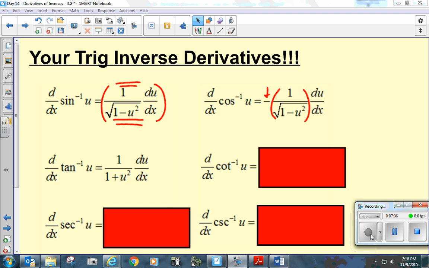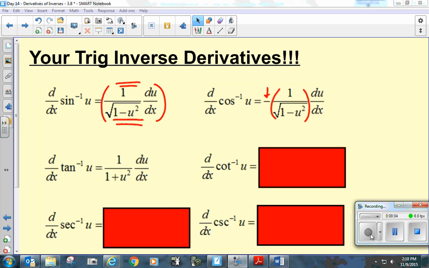It is 1 over 1 plus u squared. The derivative of the inverse of tangent is 1 over 1 plus u squared. Okay, the derivative of the inverse of cotangent, these last three aren't as common.